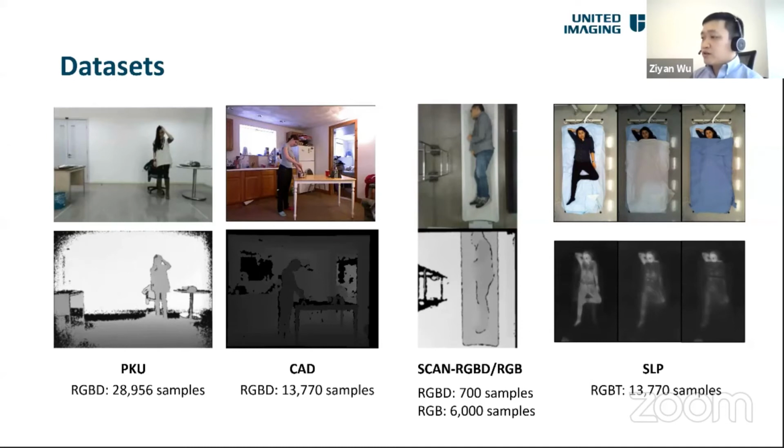This is also a clinical scenario, with patients covered by different kinds of materials, thin blankets or thick blankets. This is also a common scenario we may encounter in the scanning environment. A lot of the patients are covered by blankets during the scan.